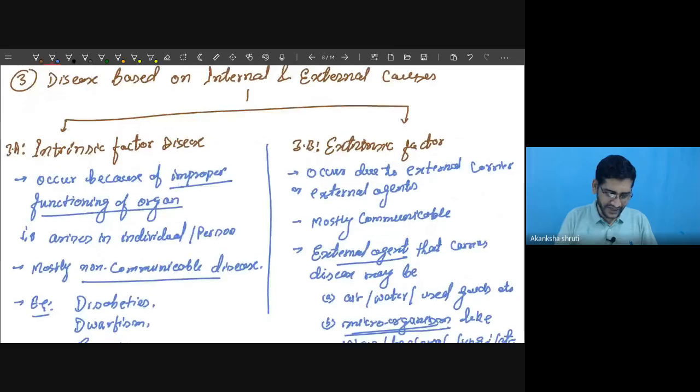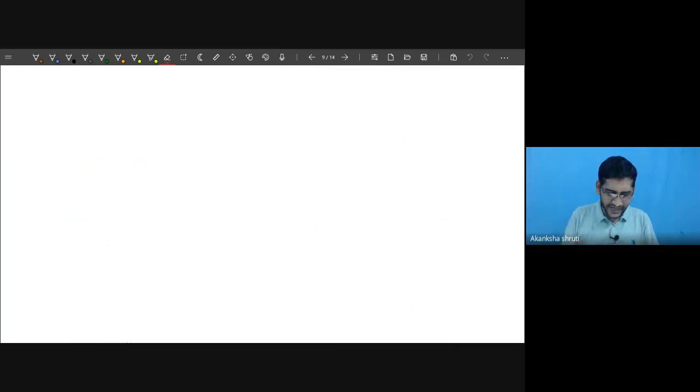So this is enough regarding the classification based on internal or external cause. Now let us go for the next category. Just these categories and these names are important, okay, student? You have to keep these names in your mind.